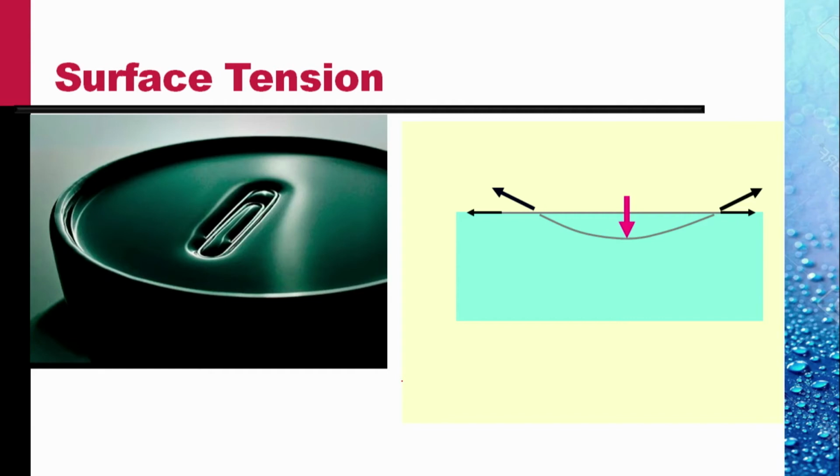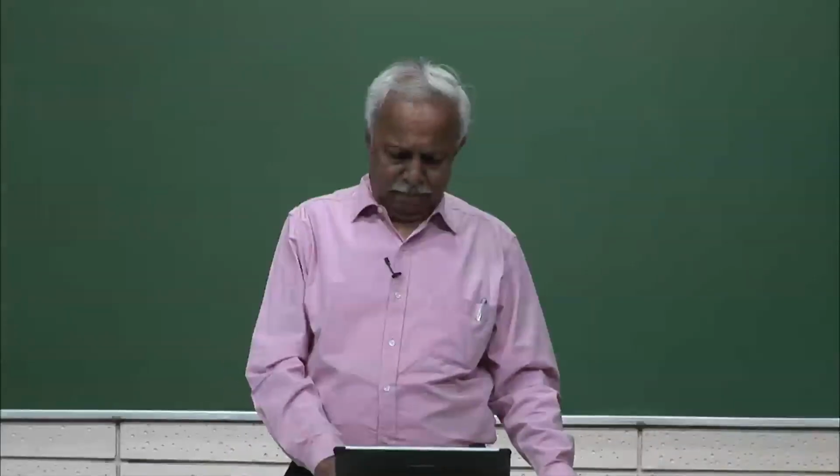This is what is happening to the clip. You can see the water around this clip is showing a depression. So it's like a membrane which is stretched and supports the weight of the clip.